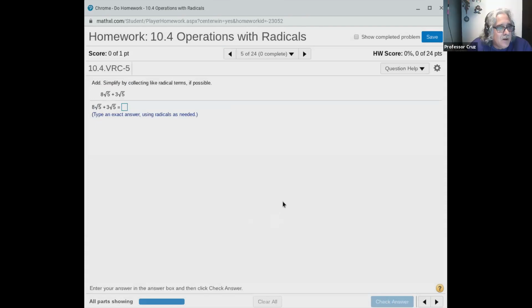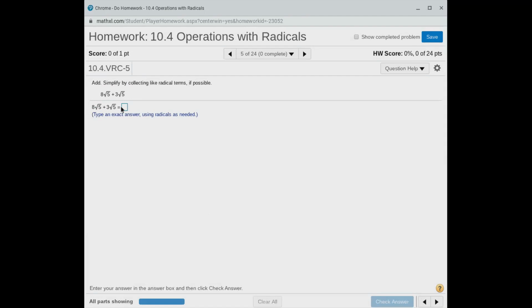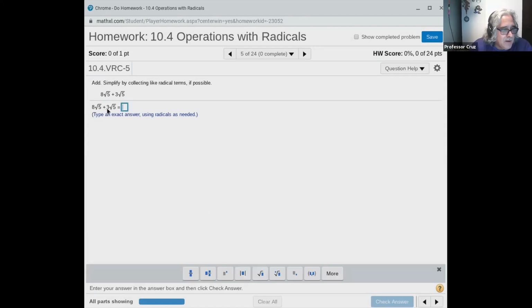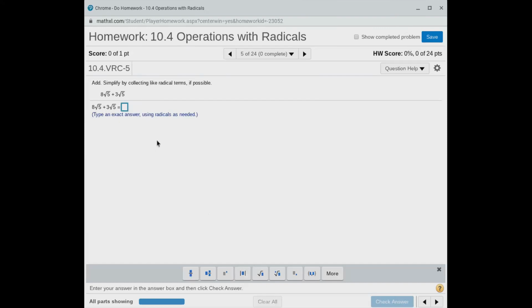All right. So see if you can work this one out. This one should be pretty easy. Wish I could write on here. 11 and square root of 5. Yeah, 8 plus 3 is 11. That's, yeah, square root.